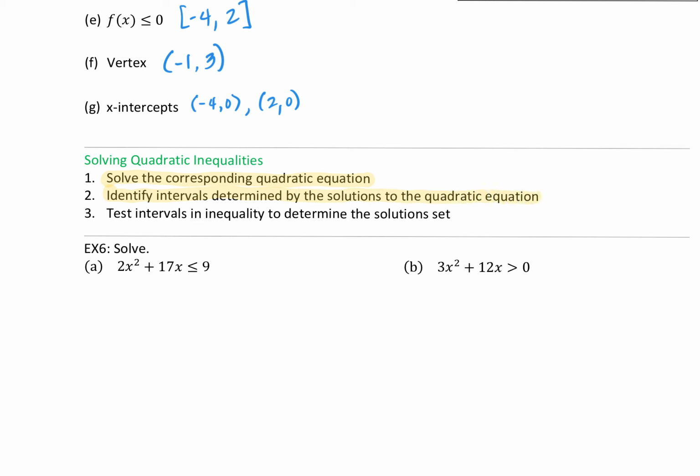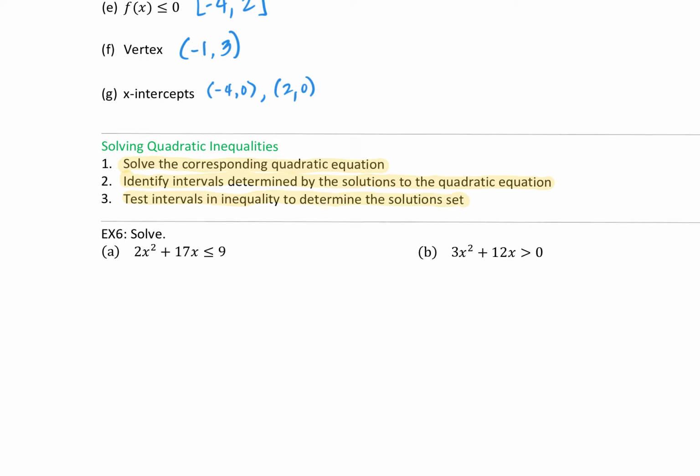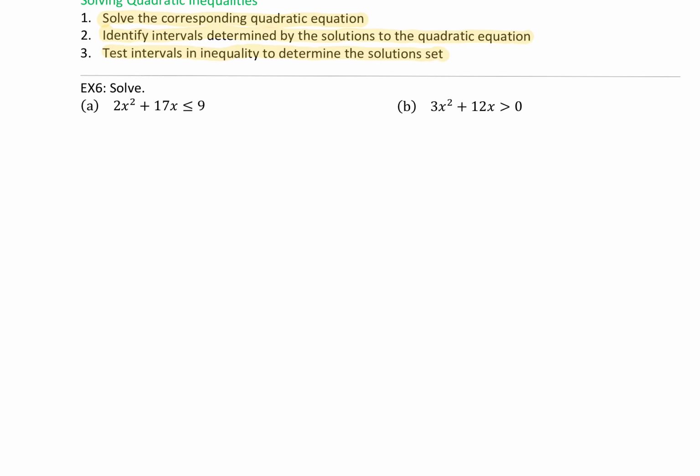We're going to go over these steps in these examples, so it might just seem like a lot of words right now. And then once we have our intervals, we're going to test each interval to determine our solution set. We're going to find test points within the intervals and test them in our inequality to see if it makes the inequality true or false.